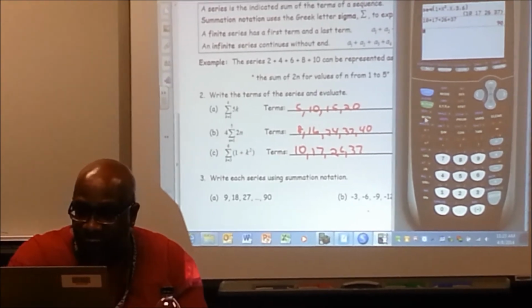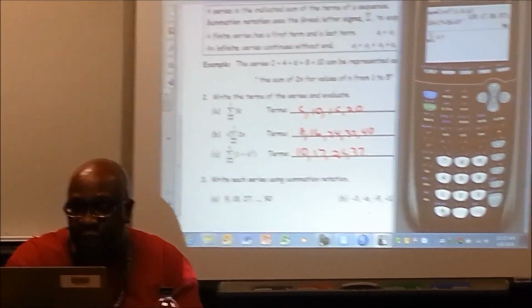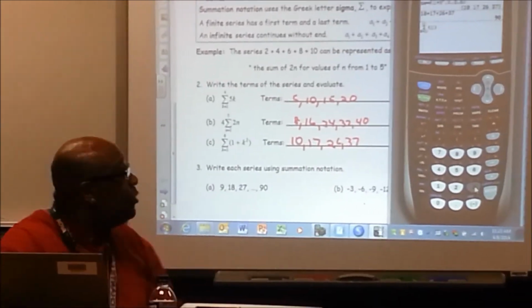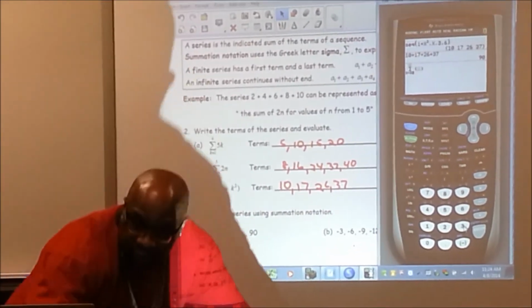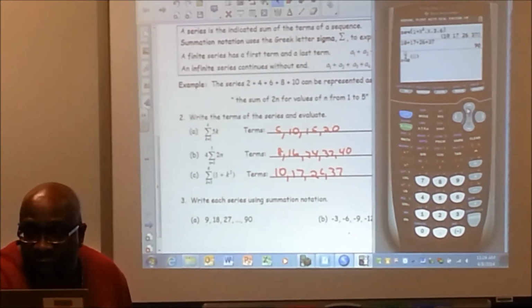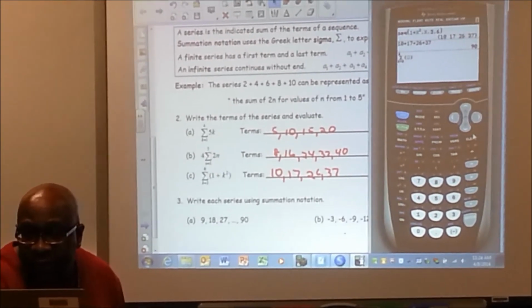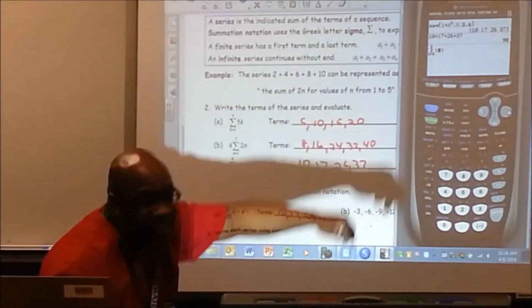So let's go back to our math. Option 0 for our summation. Our variable is x. Our first number is 3 because we only want the third through the 6th terms of this sequence. We're going to go up and we're going to put 6 here. Our explicit formula is going to be 1 plus x squared.